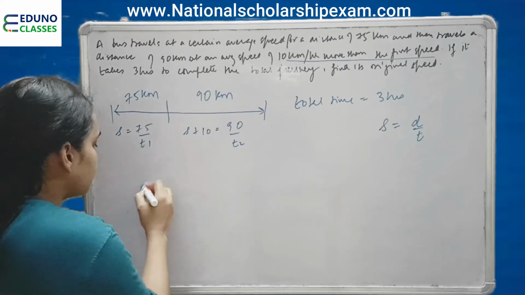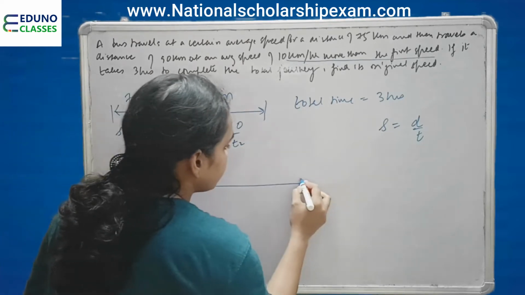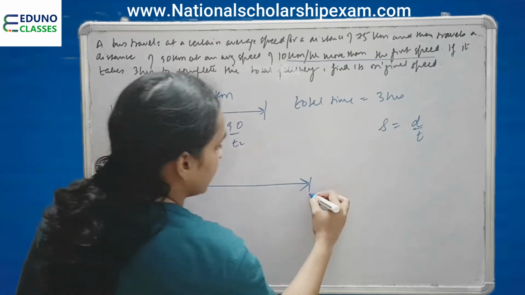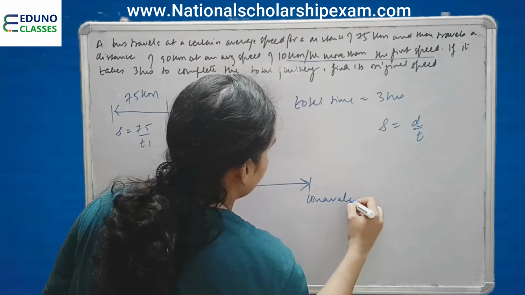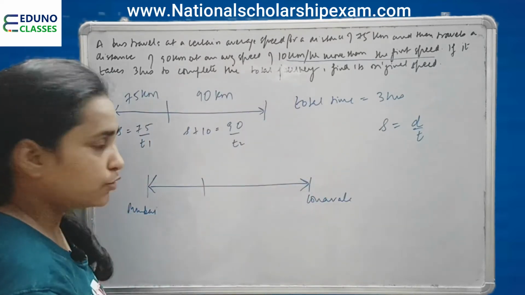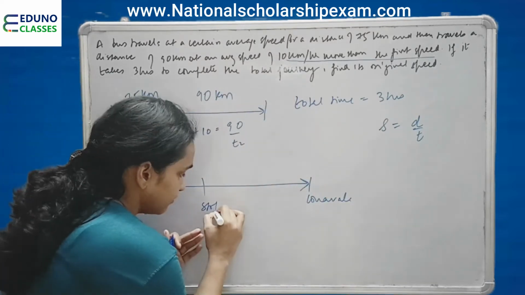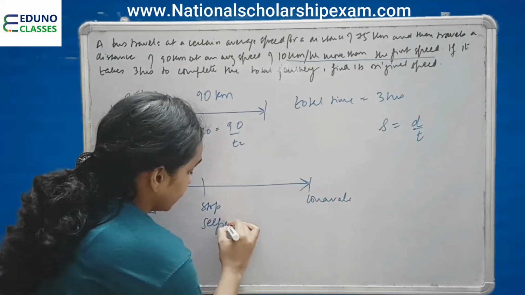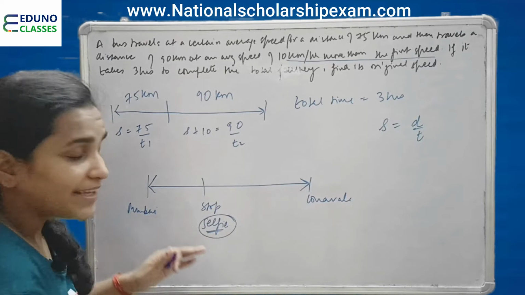If I have to go from, like, Mumbai to Lonavala and the distance is divided into two parts, for example, I have to stop here for enjoying or taking a selfie.